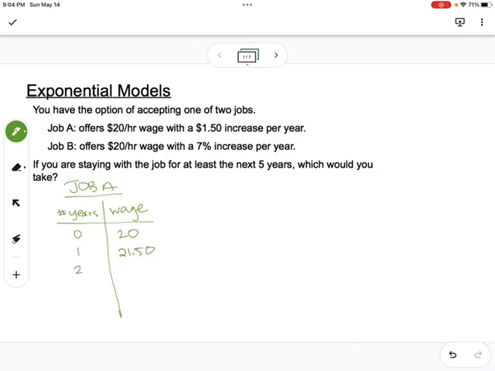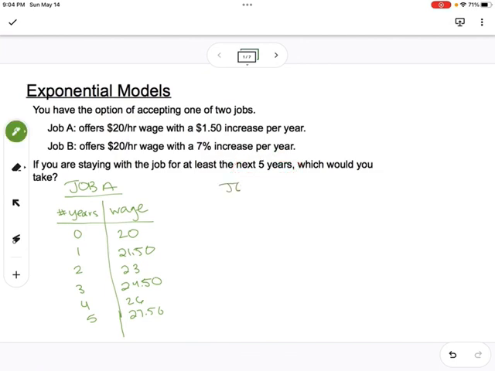At year 2, $23. Year 3, $24.50. Year 4, $26. Year 5, $27.50. Okay, it's saying at least 5 years, so we can calculate up till year 5.